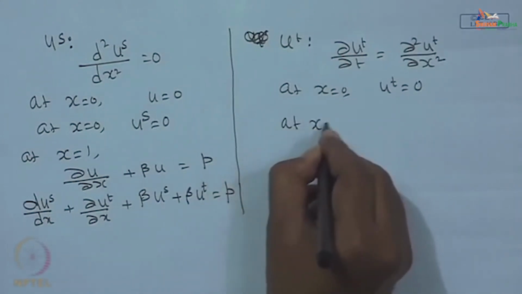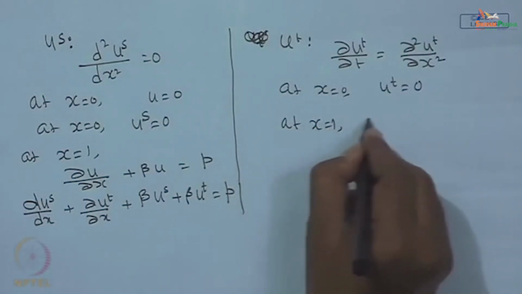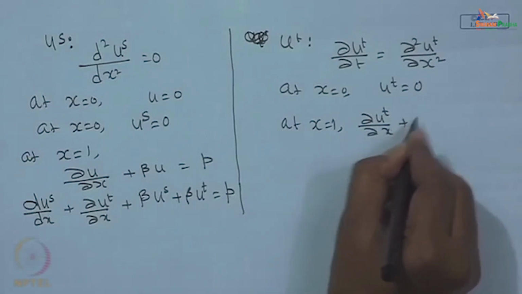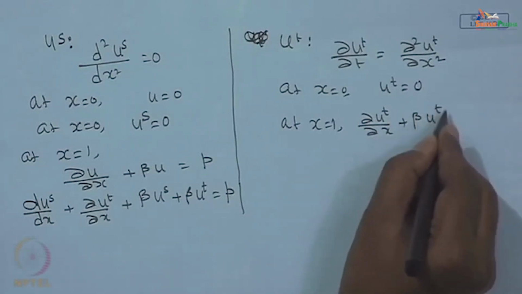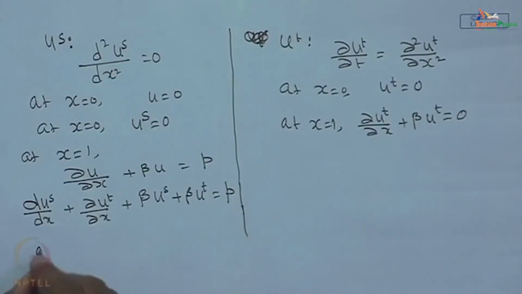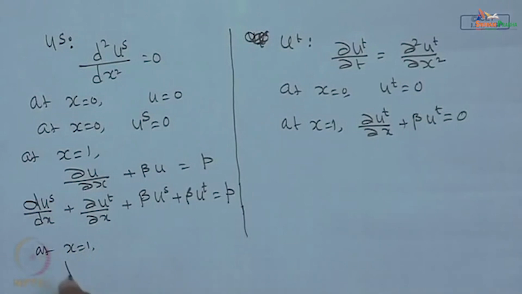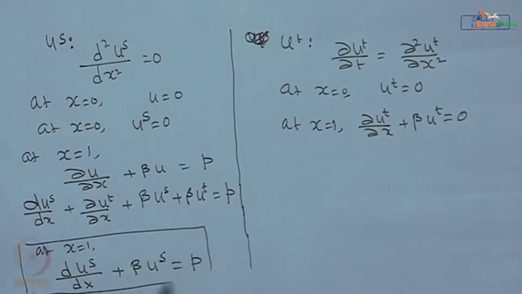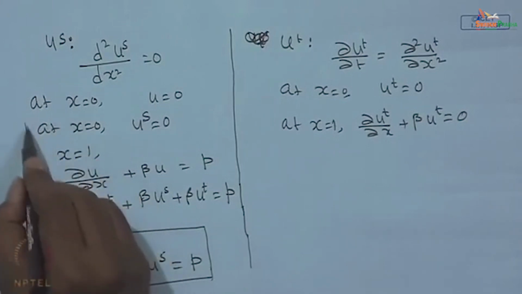That means, at x is equal to 1, we will have del u t del x plus beta u t is equal to 0, and here we will have, at x equal to 1, d u s d x plus beta u s is equal to p, that is the other boundary condition.